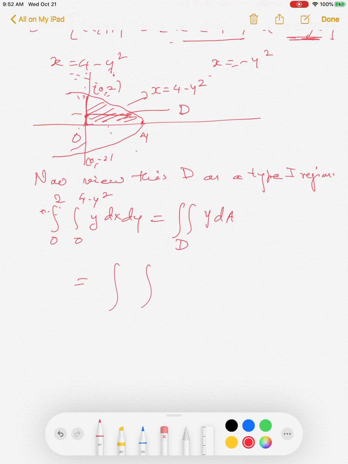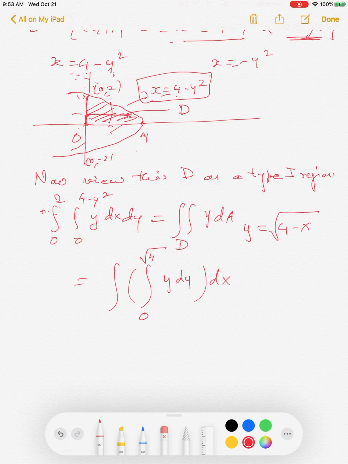And so now you write it as a region of type 1. So you will first integrate with respect to y, then with respect to x. And y will run, for a fixed x, between 0 and, so now you want to write y from the function x equal to 4 minus y square. You can rewrite this as y square equal to 4 minus x, so y equals the square root of 4 minus x. You are taking the positive root. So y will go from 0 to square root of 4 minus x, and then x will run between 0 and 4.